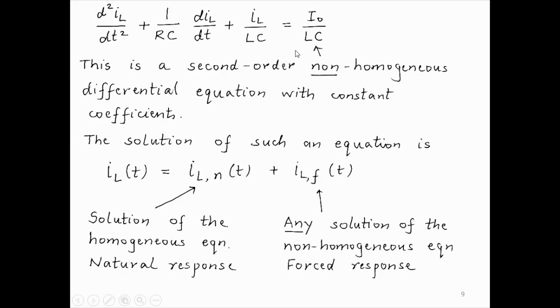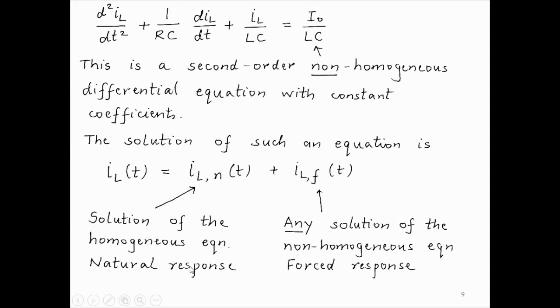Now again, as you study in mathematics, a non-homogeneous differential equation can be solved by using this form of solution, where the complete solution is written as the sum of two parts. One part is the solution of the homogeneous equation, so ILN.